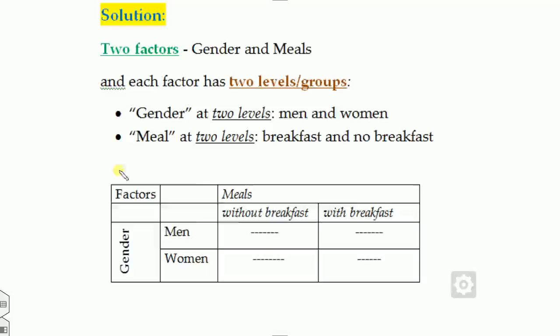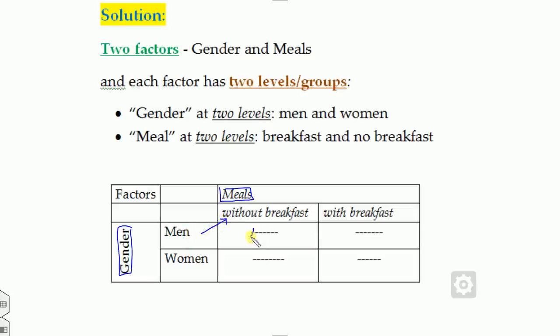I can represent this information in terms of this table. This is my factor one, gender. This is my factor two, that is the meal. Gender has men and women. The meal has with and without breakfast. And this dotted line represents the information about the people, that is, the information about the test or analysis of the men having no breakfast.